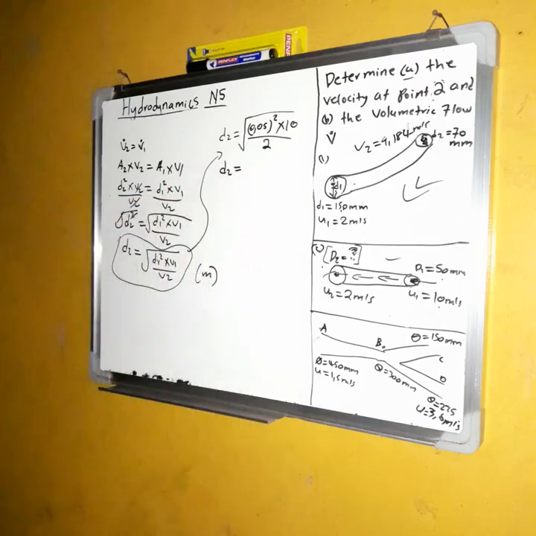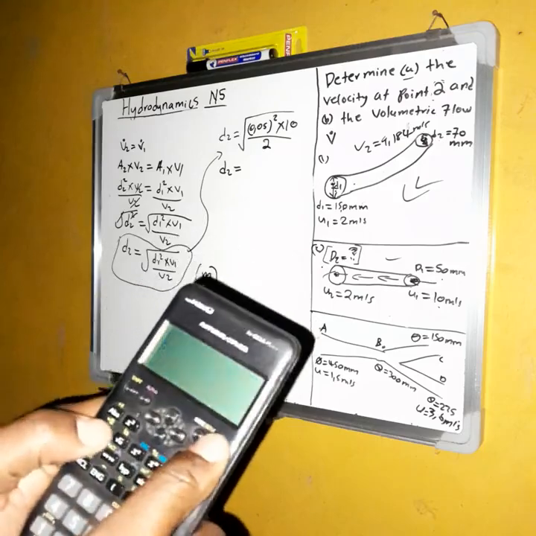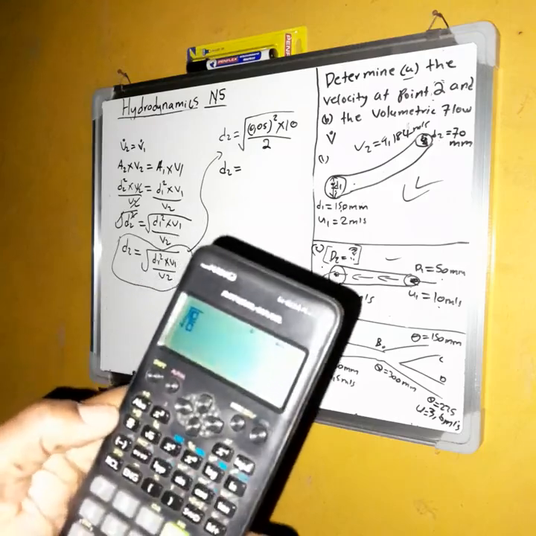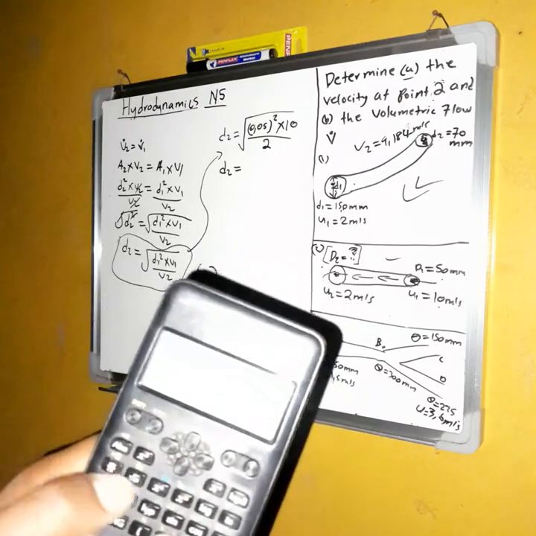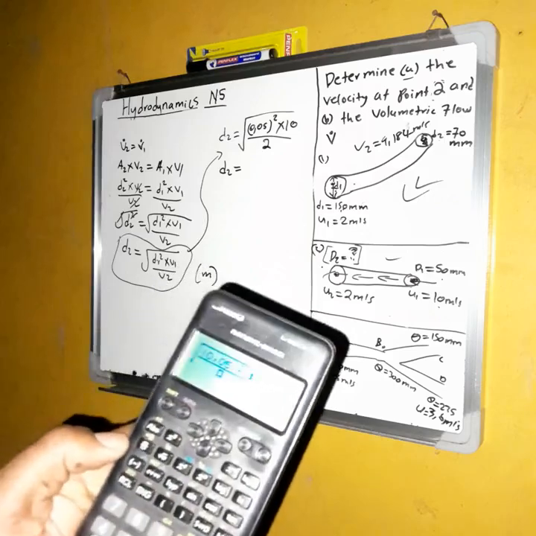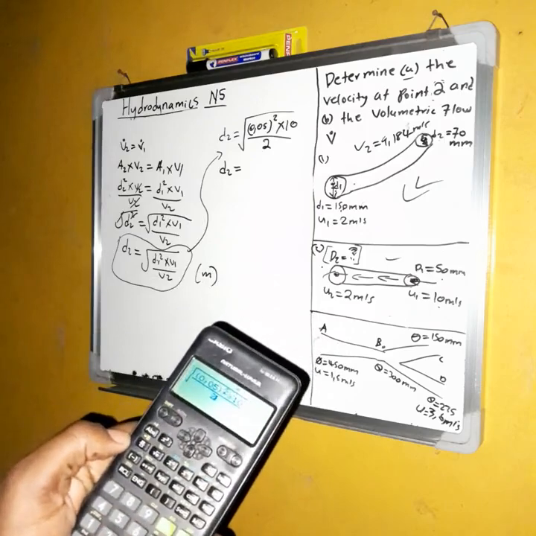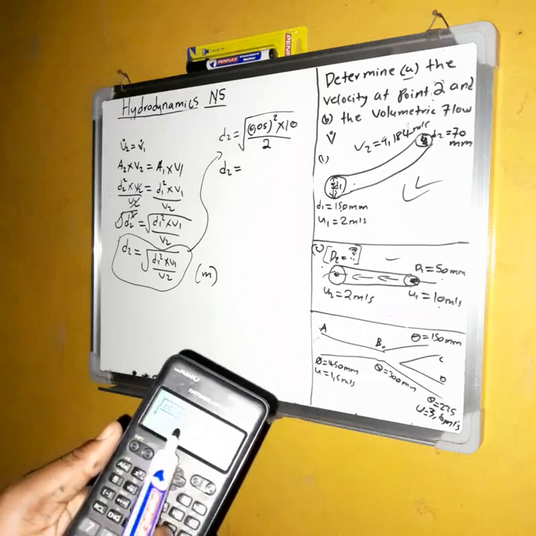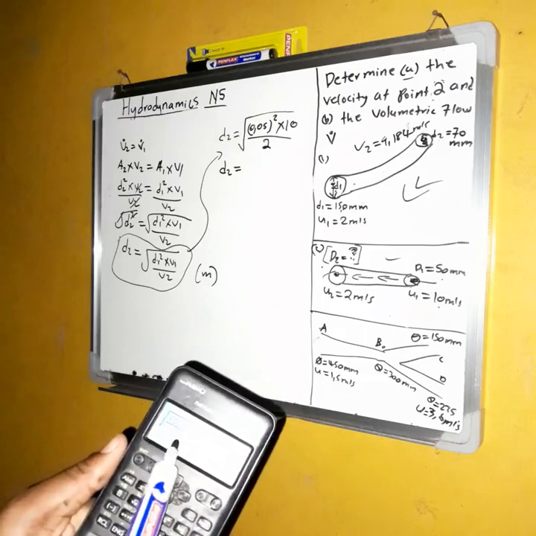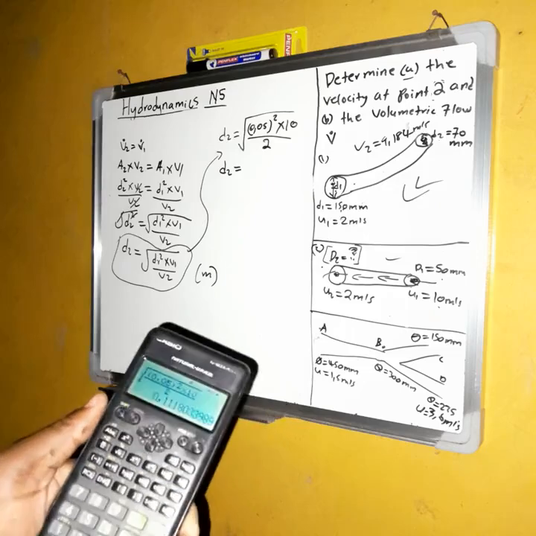Let's find D2 here. You can punch on your calculator. You can say square root, apply the bracket. You can have 0.05 squared, right? Multiply by 10, divide this by 2. We have 0.11. Round this to 2 decimal places, right?